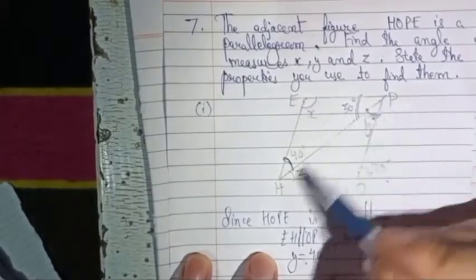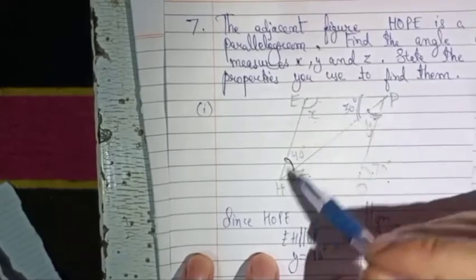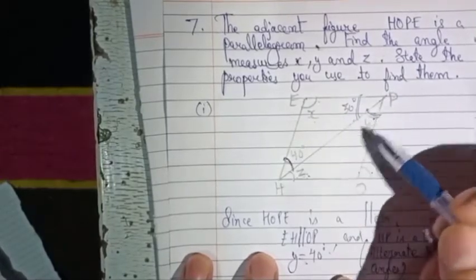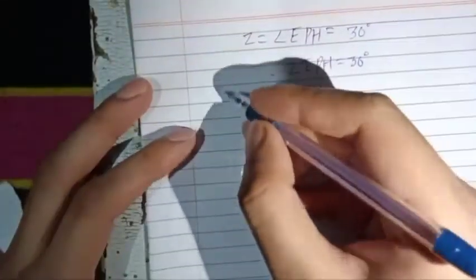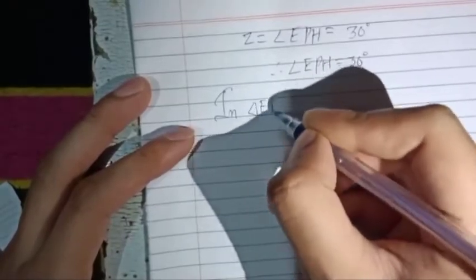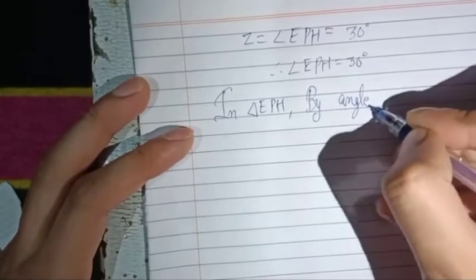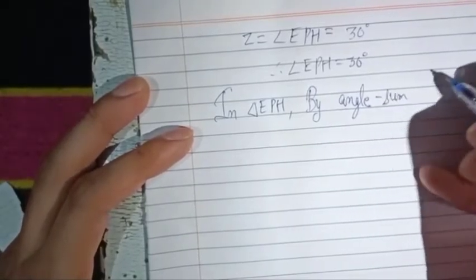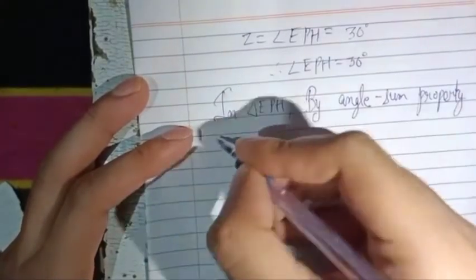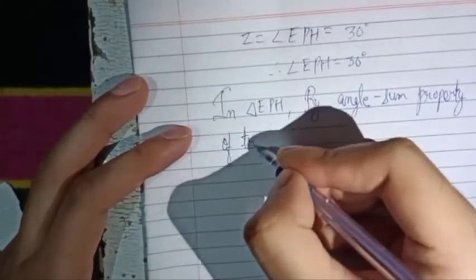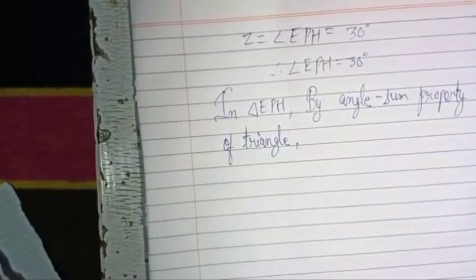Now in this triangle EPH we will apply the angle sum property of triangle. So here we will write in triangle EPH, by angle sum property of triangle.